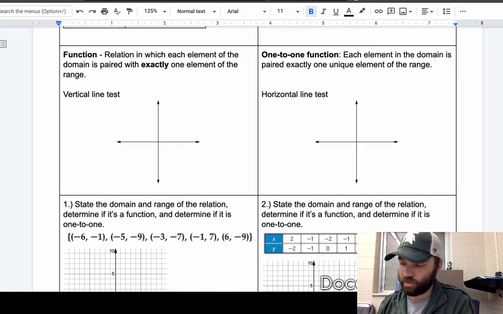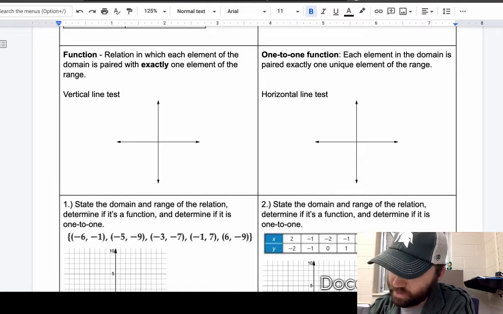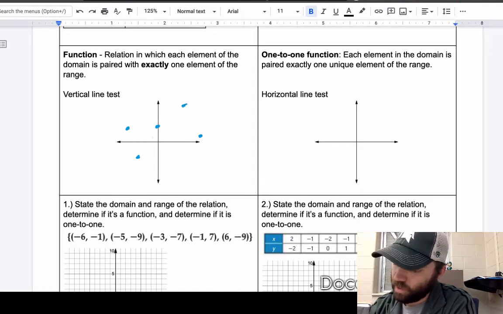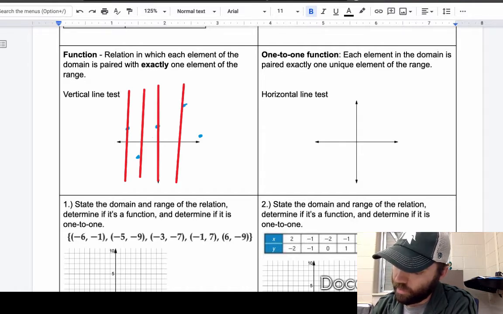Okay, so let me show you what I mean. Let me give you an example of a function here. Maybe we've got a point here, a point here, a point here, and a point over here, right at the edge. No matter where I draw a vertical line here, I'm not going to cross more than one point. Now we could quickly break that.